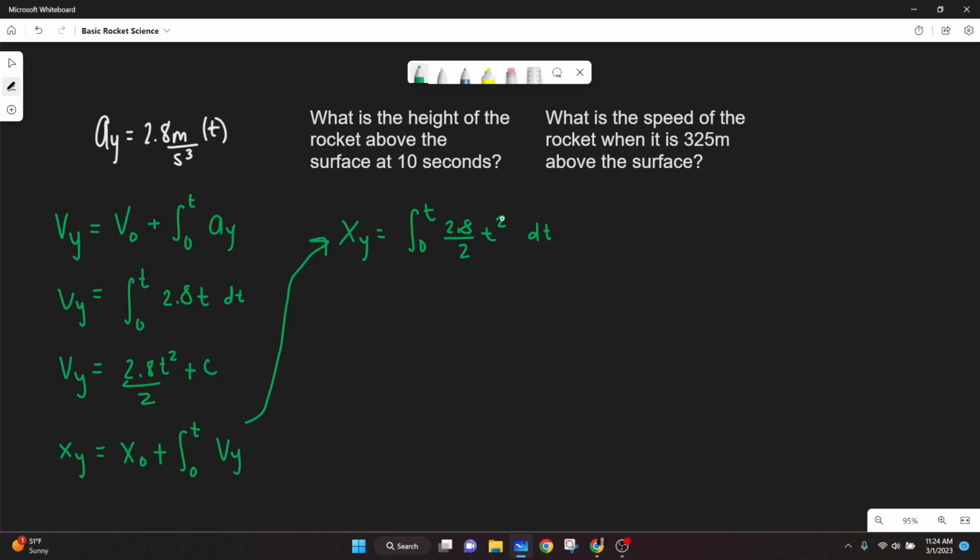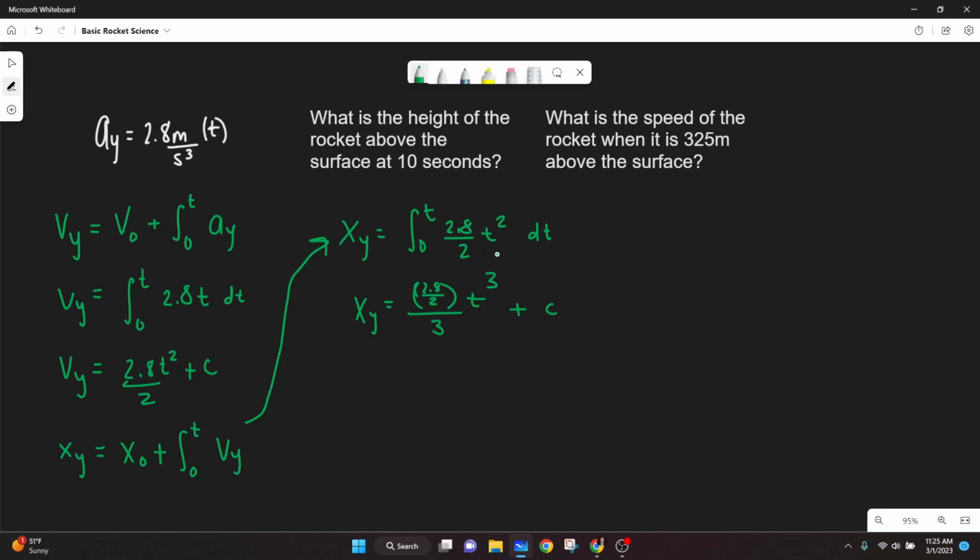We do n plus 1, so 2 plus 1 divided by 2 plus 1, which is 3. So the position will be equal to 2.8 divided by 2, divided by 3 times t cubed, plus c.